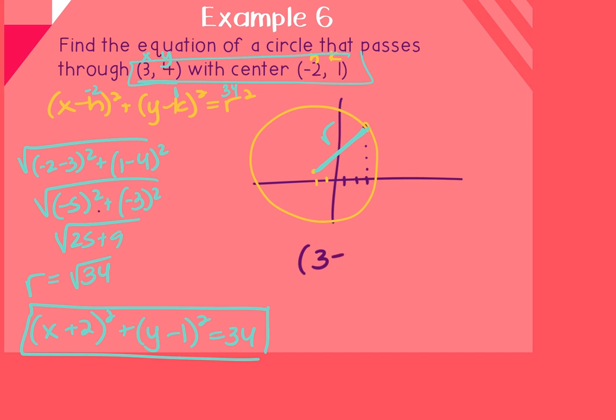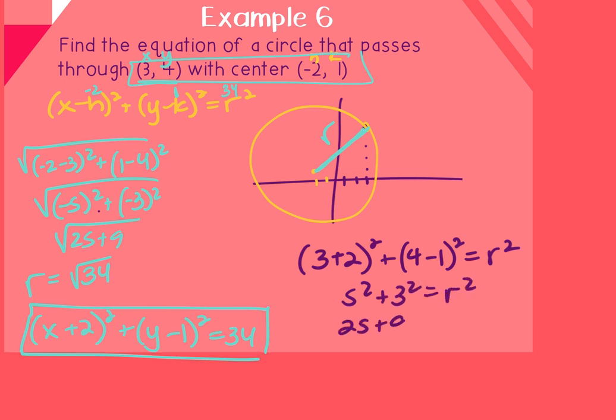So I'd get 3 minus a negative 2, which becomes plus 2, squared, plus (4 minus 1) squared equals r squared. And I get 5 squared and 3 squared, I get 25 plus 9, and I get 34 is r squared. Now if it asked you for r, you'd have to square root it, but the equation just asked for r squared, so I could leave it alone. Two different ways to do it, both are fine.